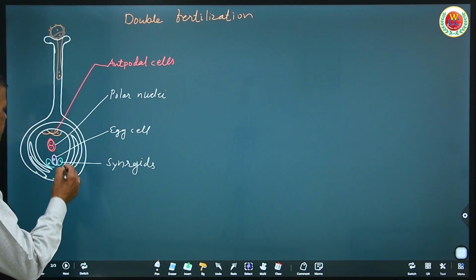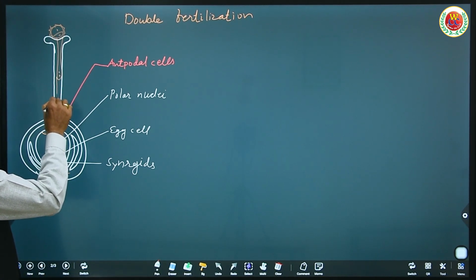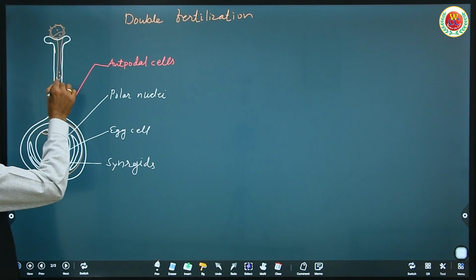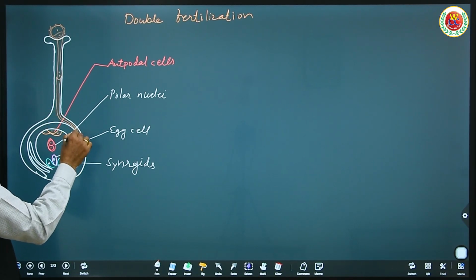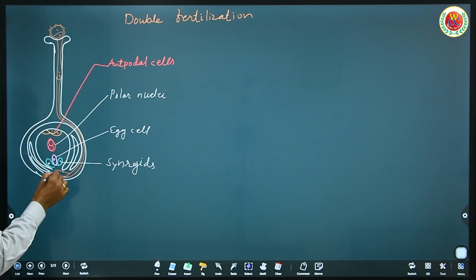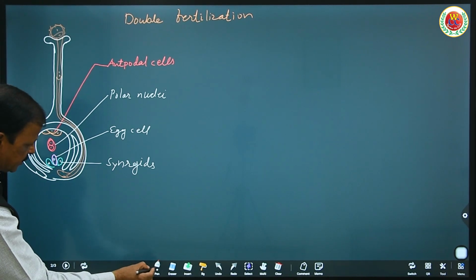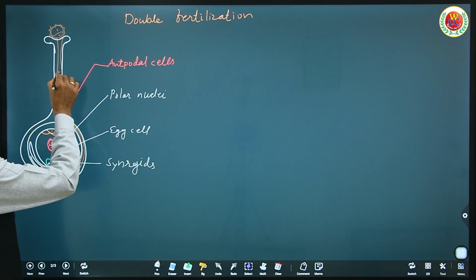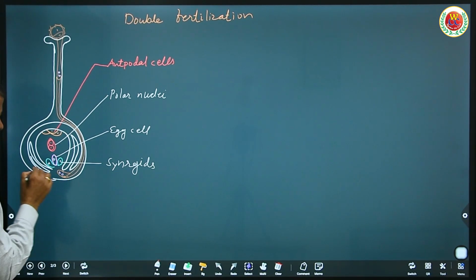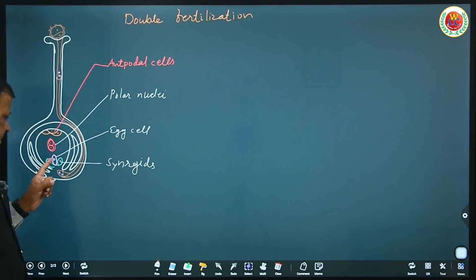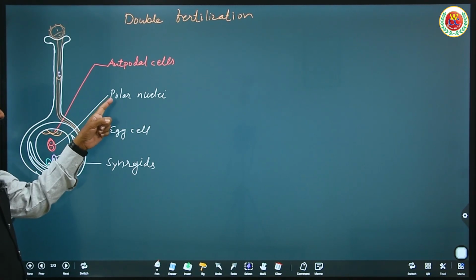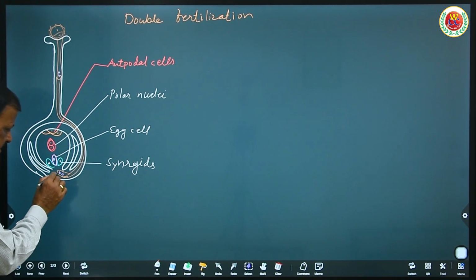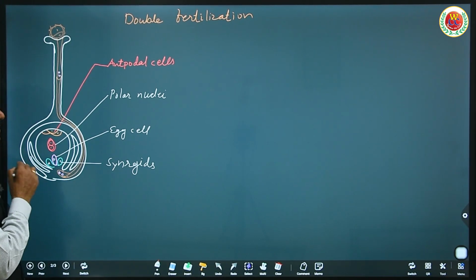Now when this pollen tube reaches the micropylar end, carrying these 2 male nuclei, and egg cell and secondary nucleus, that is polar nuclei, are ready to have the fertilization. That means this is first male gamete and this is second male gamete.